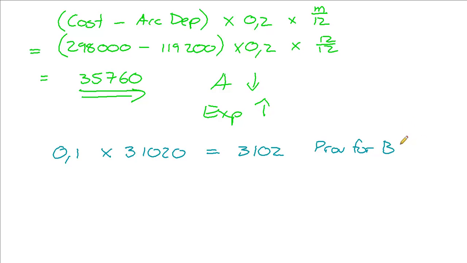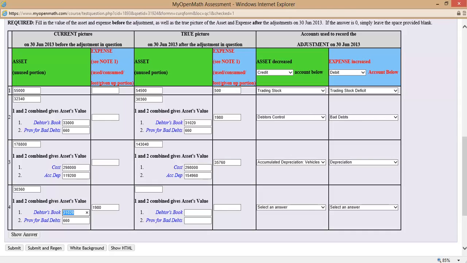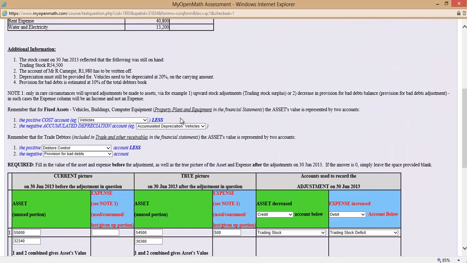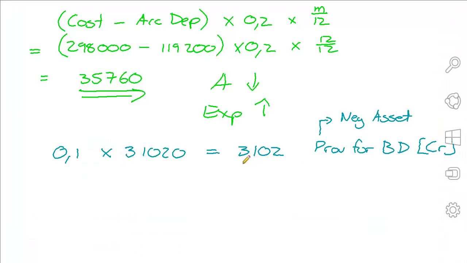So I'm just going to abbreviate this, provision for bad debts, and this is going to be a credit balance, because the provision for bad debts account, you'll remember, is a negative asset. Alright, so my information said that I need to adjust provision for bad debts to 10% of the total debtors book. So this is what the balance should be, 3102.